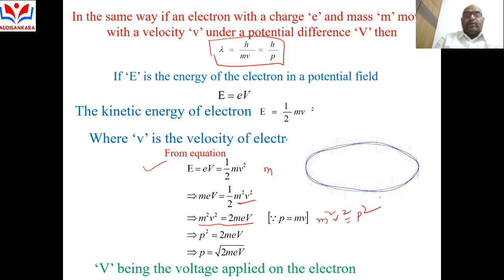So p square is equal to 2m eV. Therefore, p is equal to root of 2m eV, where V is the voltage applied on the electron.